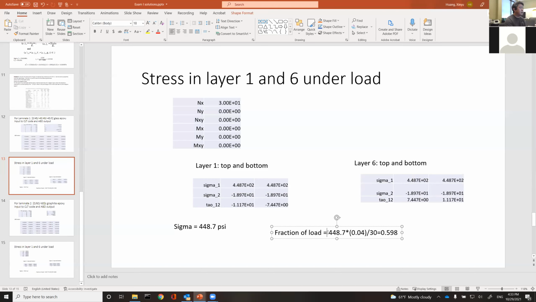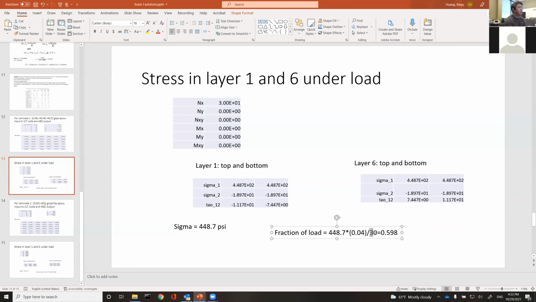So I take the stress, 448.7, and multiply by the thickness 0.04. That is the linear load density taken by layer 1 and layer 6.